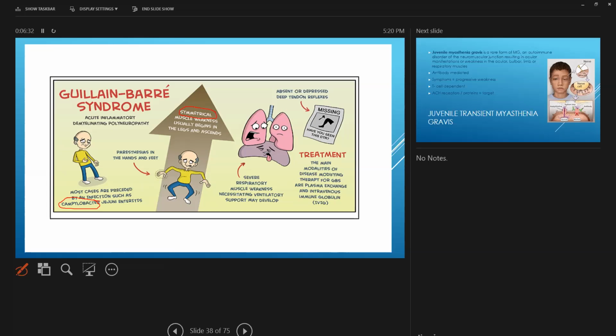Ascending paralysis. That's the biggest one, right? Decreased deep tendon reflexes. And then the treatment is plasma exchange. So we want to take all those nasty antibodies out and we want to exchange them, basically centrifuge them out and replace the rest of the good stuff.